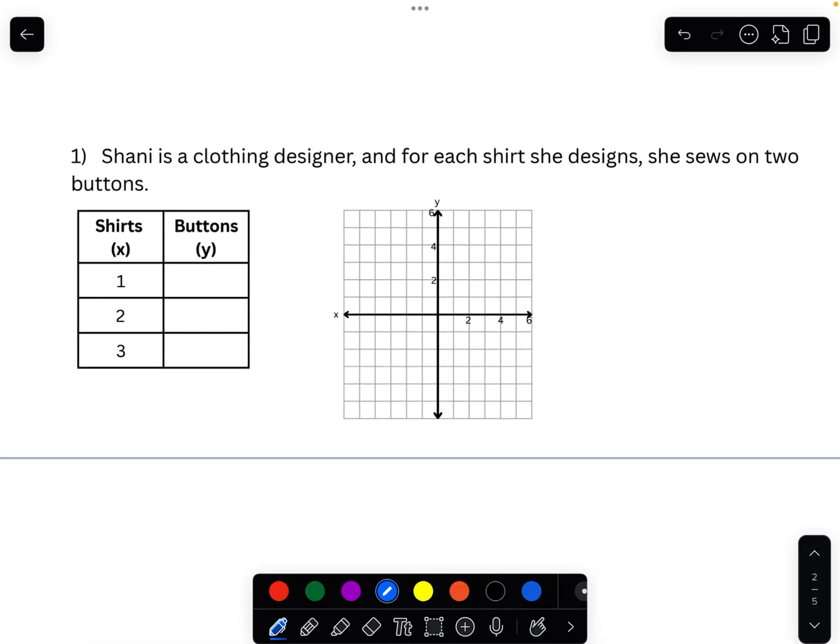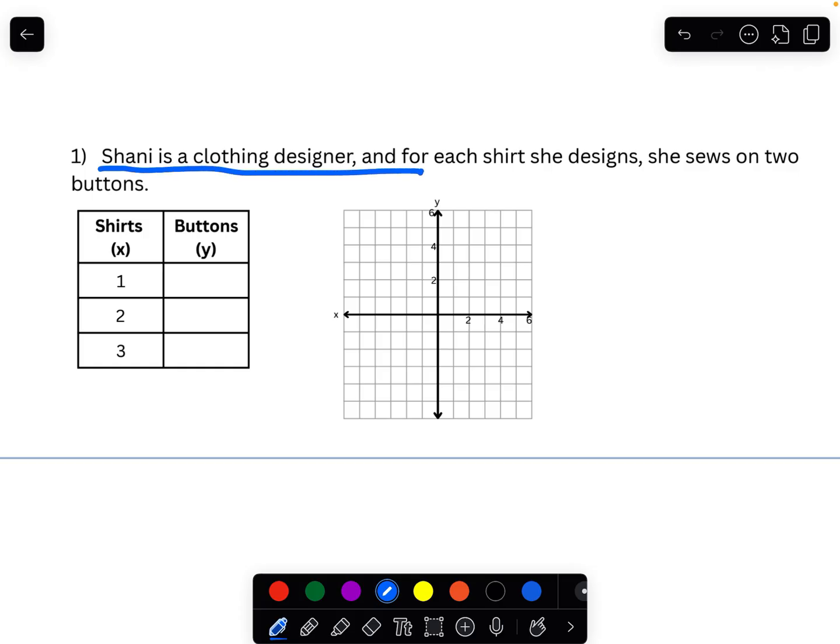So this question is from a worksheet I gave my students, and it is a linear function question. And I think the best way to learn about linear functions is to solve problems about them with real life examples. And here's a real life example.